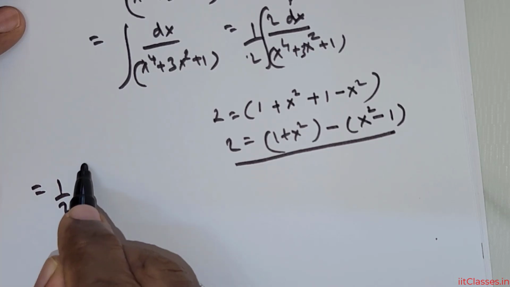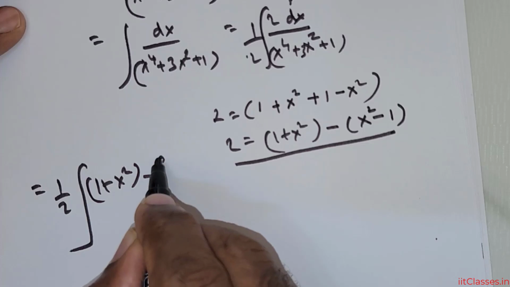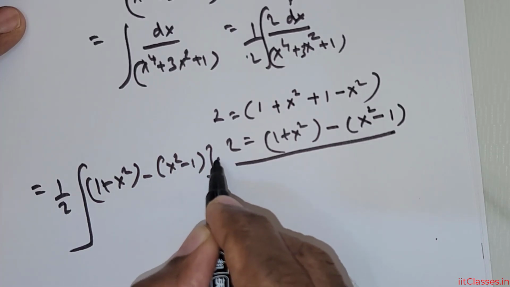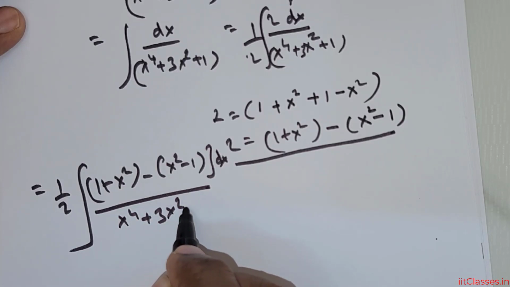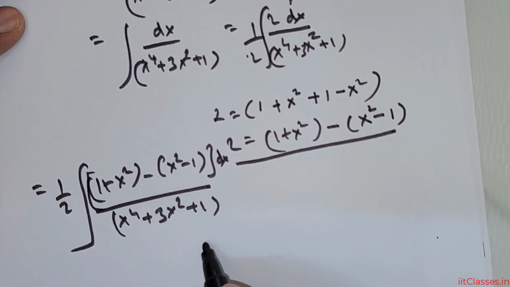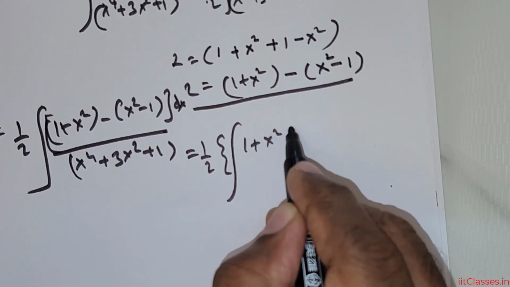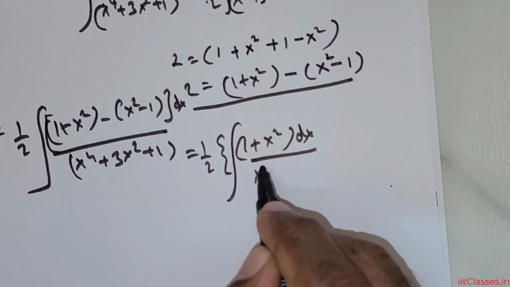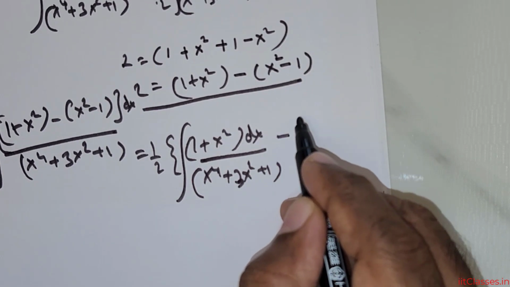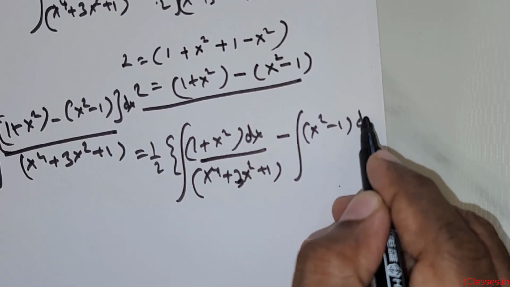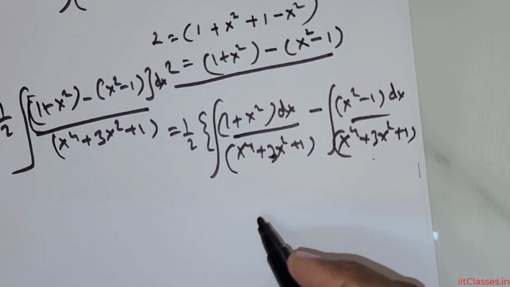So this is equal to half times the integral of (1 + x²) − (x² − 1) times dx divided by (x⁴ + 3x² + 1). Now this can be rewritten as half times the integral of (1 + x²) times dx divided by (x⁴ + 3x² + 1), minus (x² − 1) times dx divided by (x⁴ + 3x² + 1).